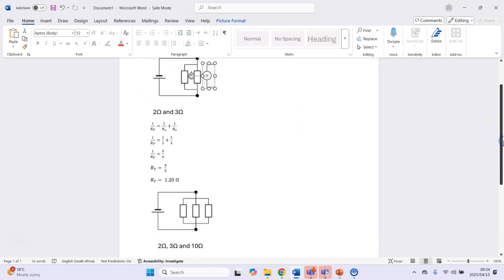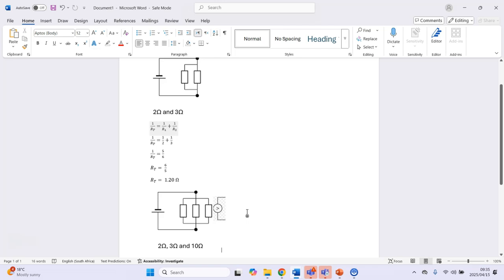If we come to this circuit over here where we have 3 resistors in parallel, if the cell's voltage is 5 volts, then the voltage across the 2 ohm resistor will be 5 volts, the voltage across the 3 ohm resistor will be 5 volts, and the voltage across the 10 ohm resistor will also be 5 volts.